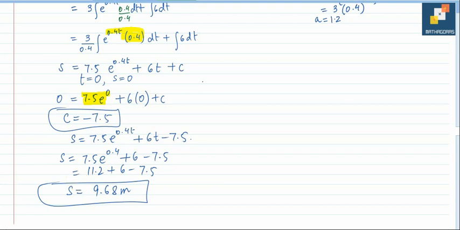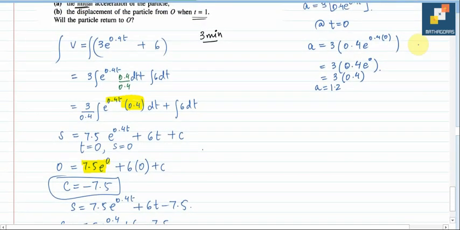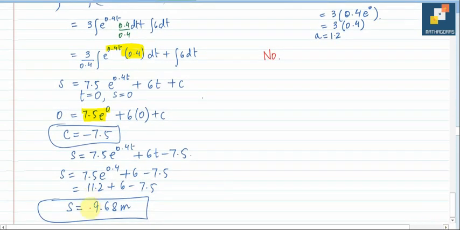Alright, and further it says, will the particle return to O? So the answer for part B is no. It won't return to O, because you can see that after 1 second the particle is 9.68 meters away from the origin, right?